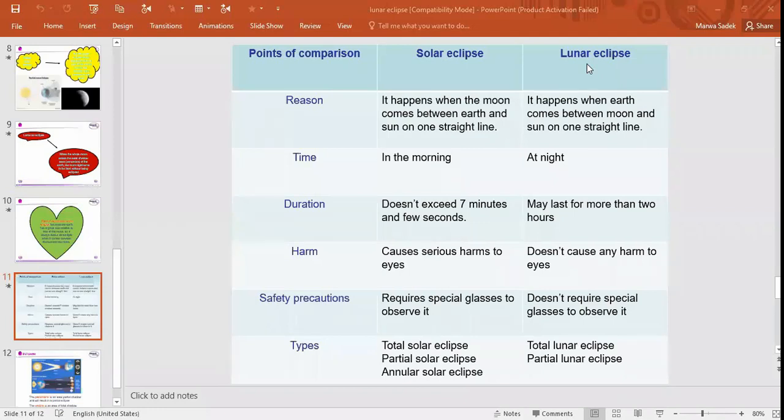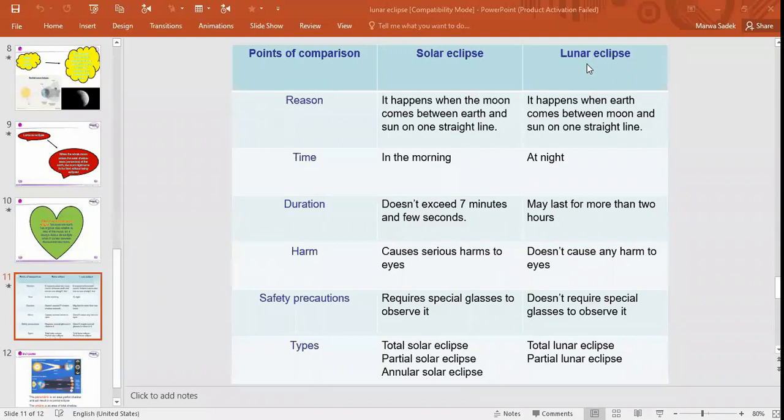Now, a comparison between solar eclipse and lunar eclipse. The first thing, solar eclipse happens when the moon comes between the earth and the sun on one straight line. So in the solar eclipse, the moon is in the middle.